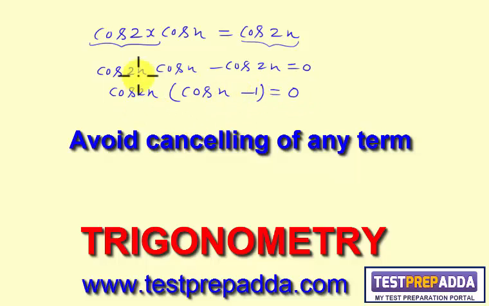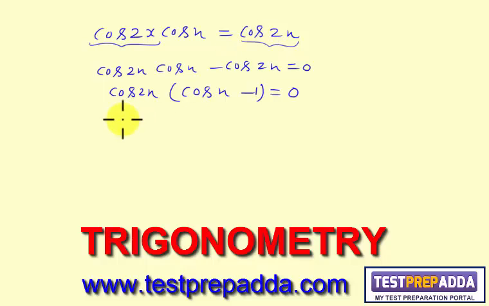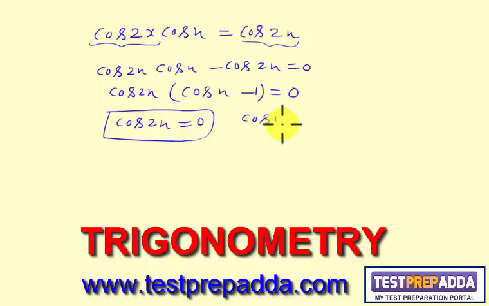Because if you cancel cos 2x here, then you will lose the solution given by this equation, cos 2x is equal to 0. You will be having solutions only from cos x is equal to 1. So it is very important not to cancel the terms.